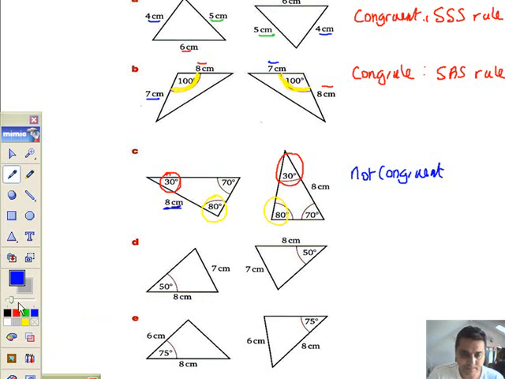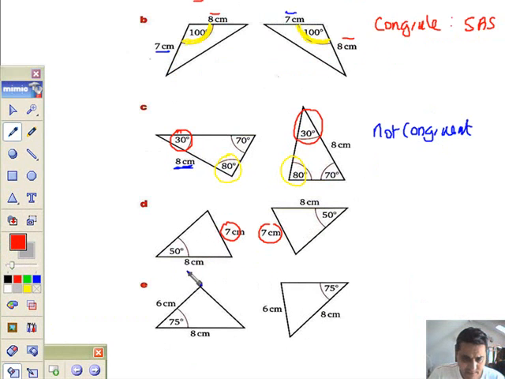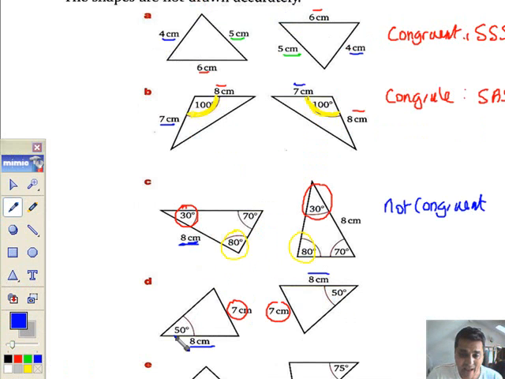Now what about here? I've got the 7 and a 7. Very good. So far so good. They're both opposite the 50, so they're in the correct sort of place. Now what about this 8 here? Yes, I like this 8. This 8 sits very comfortably with the position of that 8. And I've got an angle. Now these triangles are still not congruent, because to be congruent you must have an angle, which they both have, and the 2 sides must form that angle.